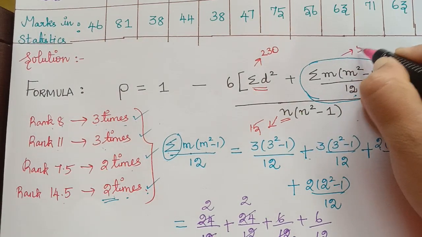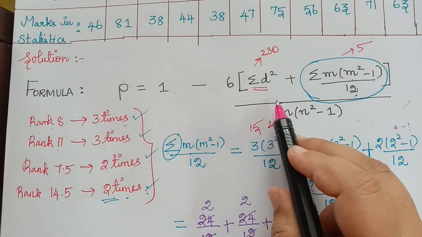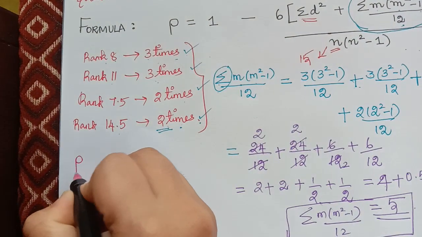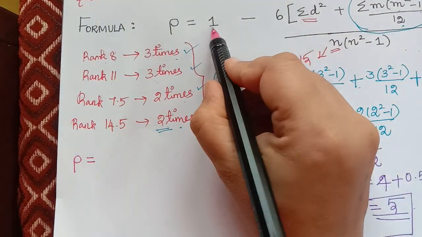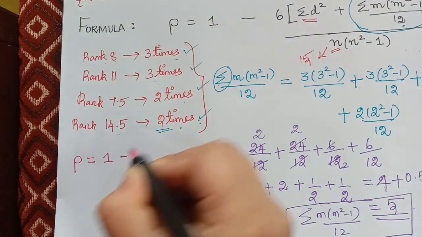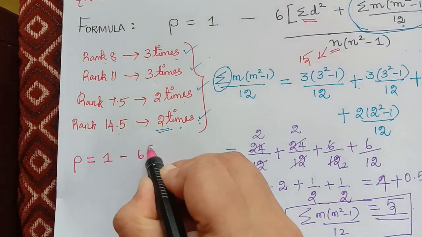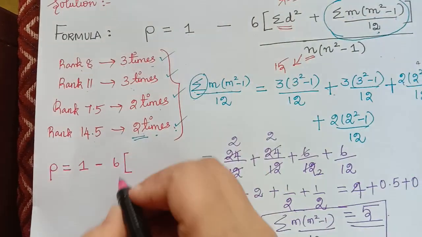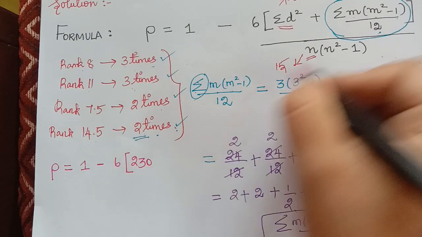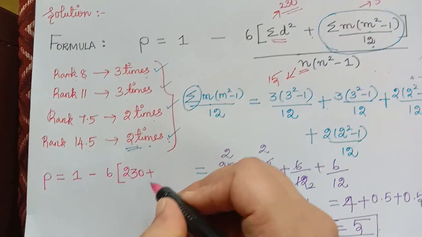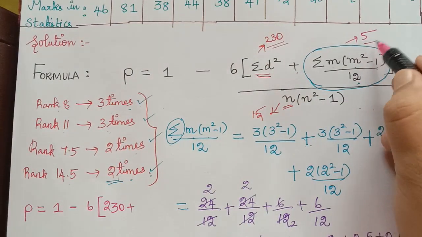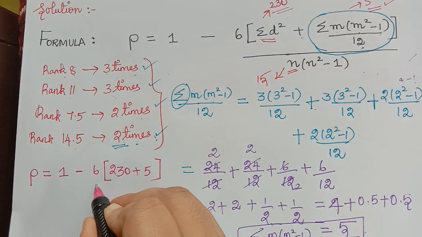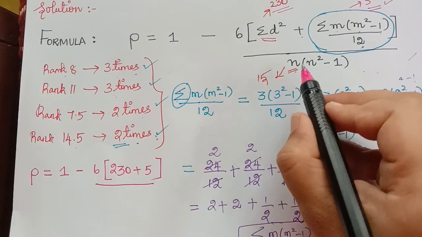So this value is 5. All the values we have, so we shall substitute it in the formula. So the value of rho will be equal to 1 minus 6 multiplied with, what is summation d square? 230. So 230 plus, and what is this value? We have obtained it to be 5. So plus 5, close the bracket, divided by, the value of n is 15.